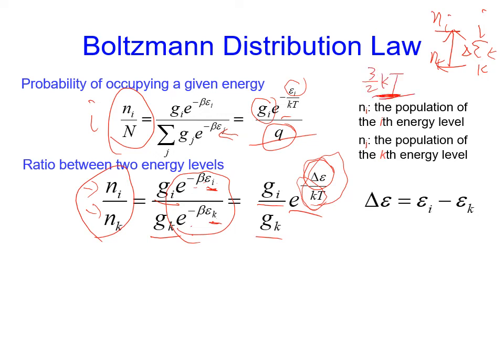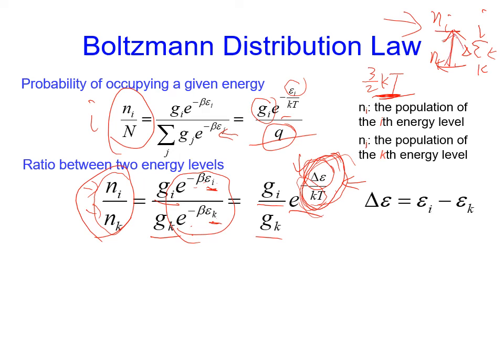So this kT measures the thermal energy, the average kinetic energy. And so these equations suggest that the larger this number, the smaller this ratio, because you have a negative sign here. So the smaller the number of molecules occupying the higher energy level. And this ratio is delta epsilon over kT. That's the comparison of this energy difference over thermal energy.